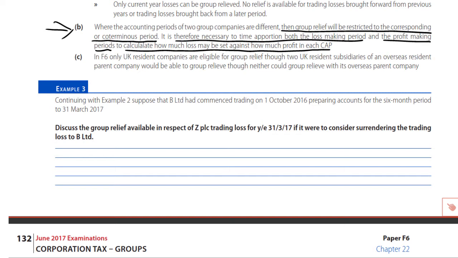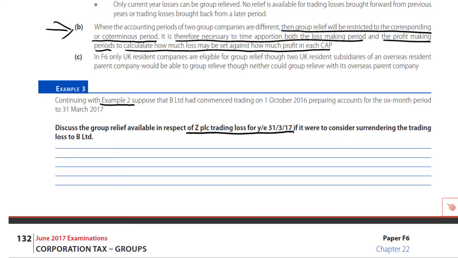Now, we've got a little example 3 here, which continues with example 2. You might need to just go back and have a little look, a reminder of example 2, where we had to sort out who could group relieve with whom, where we had the principal parent company of Z plc making a trading loss for the year ended March 17.